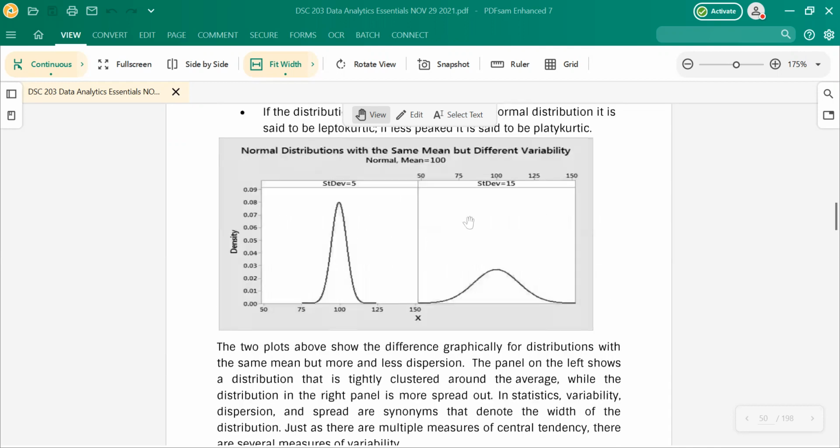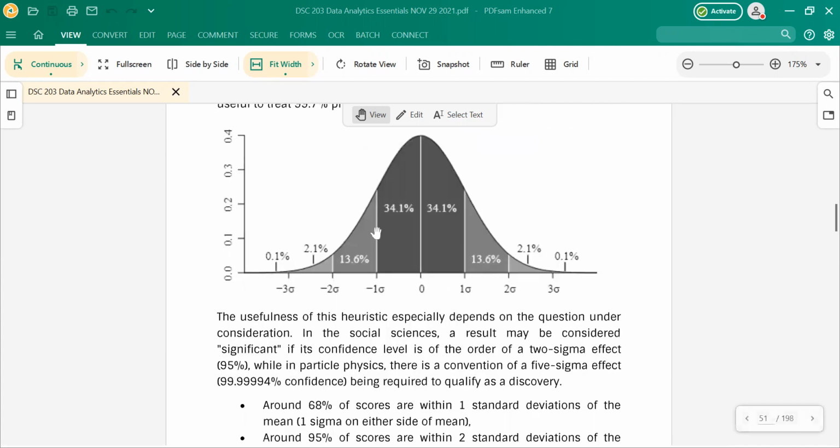From minus 2 sigma to plus 2 sigma, it is 95. From minus 3 sigma to plus 3 sigma, it is 99.7.